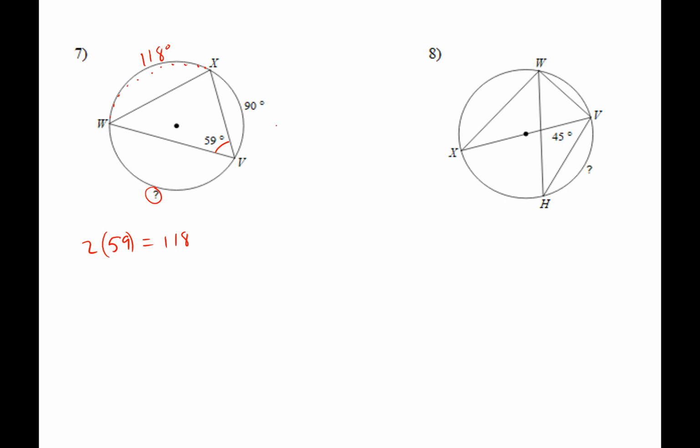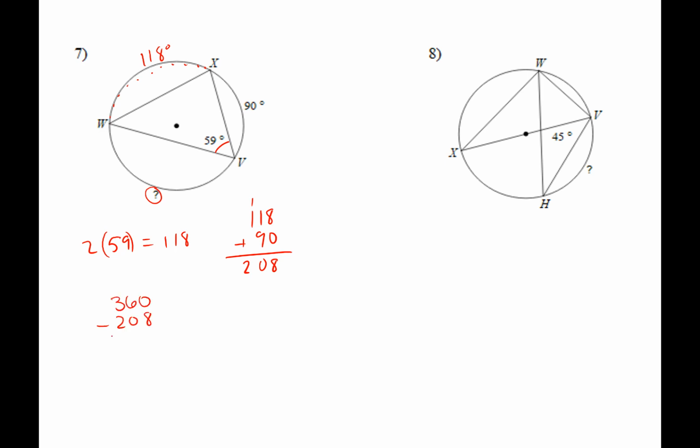Then I have two arcs and only one unknown arc for the whole circle. So I can take 118, add the 90, add the 90. And then I get, what do we get here? 208. So that means those two arcs are 208. I know all the degrees in a circle are 360.